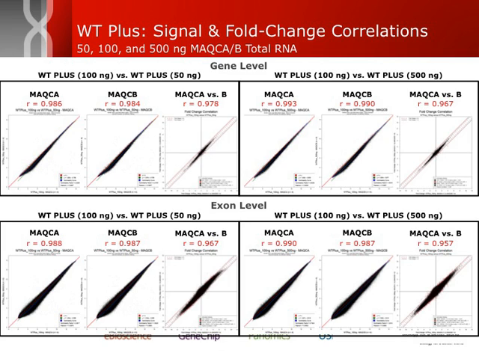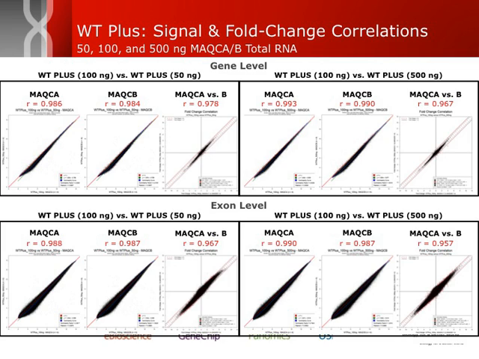And also between the two, the fold change correlations are quite high. This works as well at the gene level at 100 nanograms versus 500 nanograms, and it extrapolates also very well to the exon level.